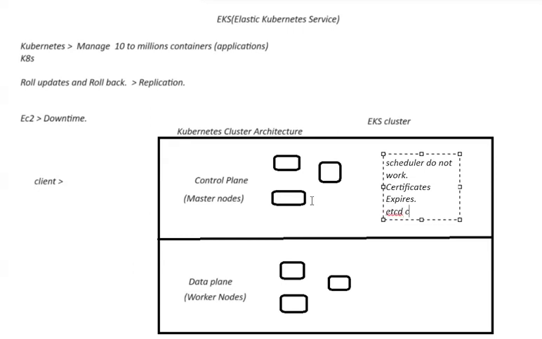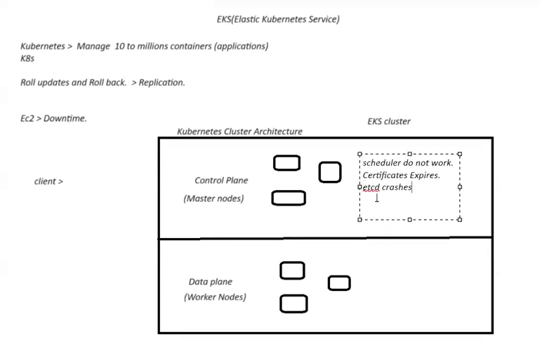Etcd crashes whenever you are maintaining these master nodes. So you may encounter mostly these issues: the scheduler not working, certificates expiring, etcd crashing, and even the API server going down.